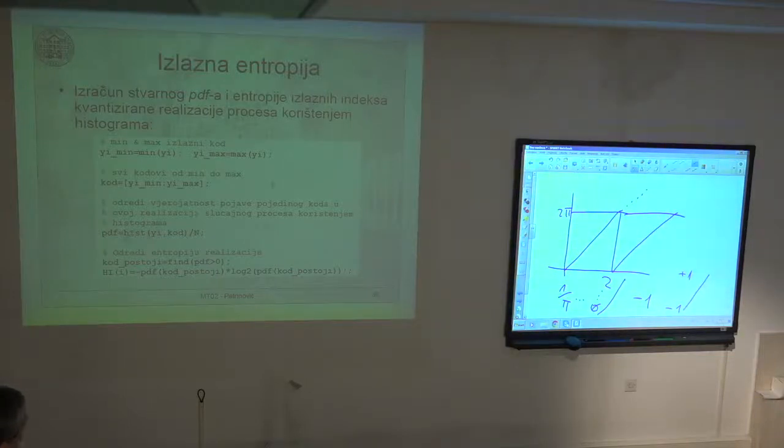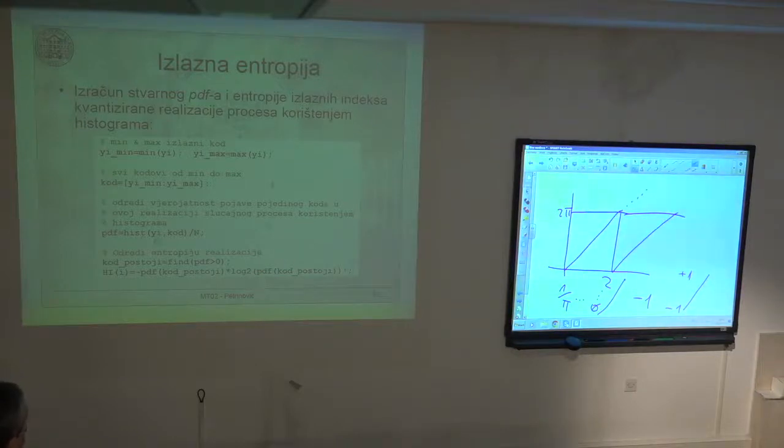This histogram function, if I give it as input the output indices of the AD converter, not the signal but the quantized indices of the signal, and a range of values from minimum to maximum, simply counts how many times each of these values is observed.